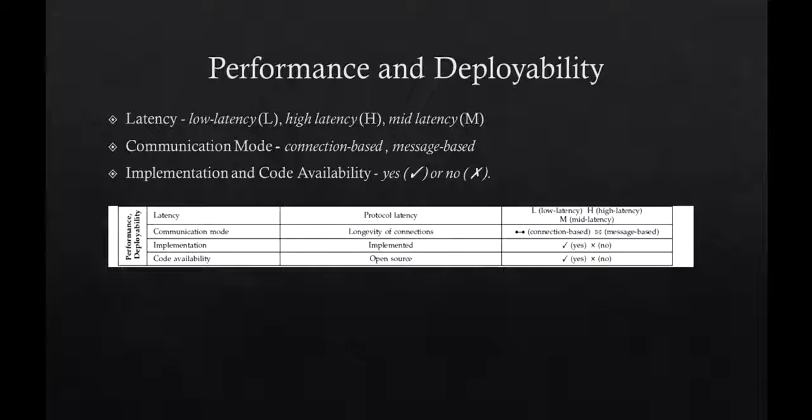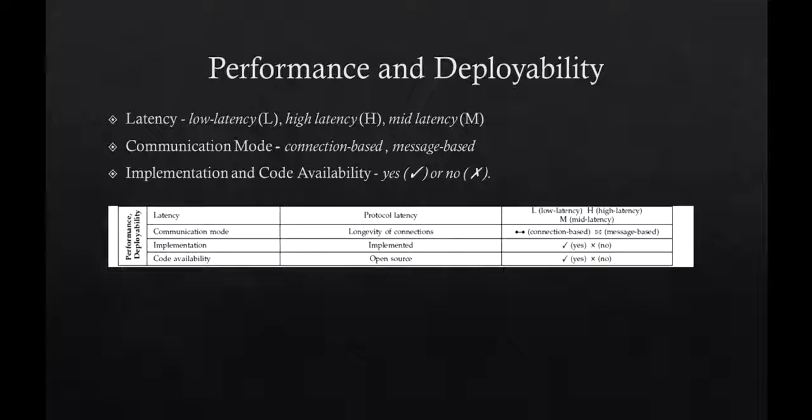High latency. Supports all applications that can tolerate a certain delay between the request and the response. For example, email communication. Mid latency. Supports application that can tolerate a restricted delay between request and response. Example, file sharing.